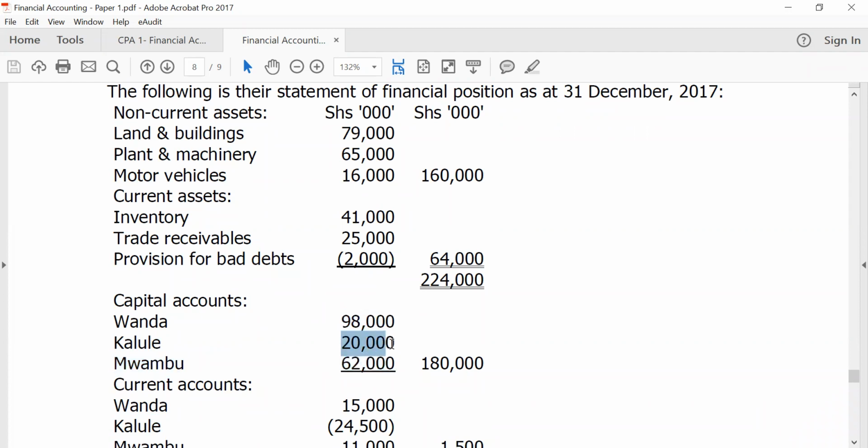We are closing our eyes on Kaole because these are now the solvent partners that are going to bear the obligation. So you basically have to look at those two partners and look at their capital values and add them together. So I'll just bring Wanda, can just try to calculate this.